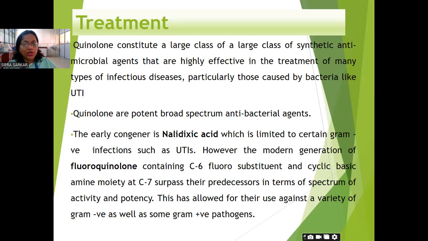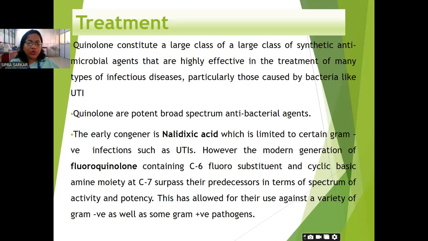The early originator of this category is nalidixic acid, which is limited to certain gram-negative infections such as UTIs. However, the modern generation of quinolones, which are derivatives of nalidixic acid, contain a 6-fluoro substituent and a cyclic basic amine moiety at C7, and surpass their predecessors in terms of spectrum of activity. This has allowed their use against a variety of gram-positive as well as gram-negative pathogens.